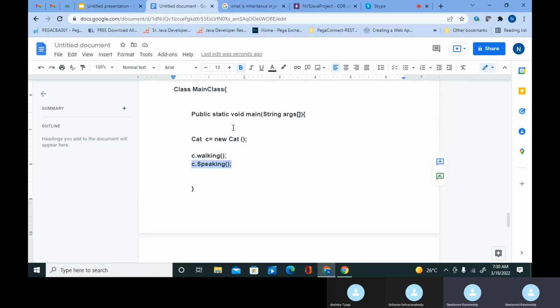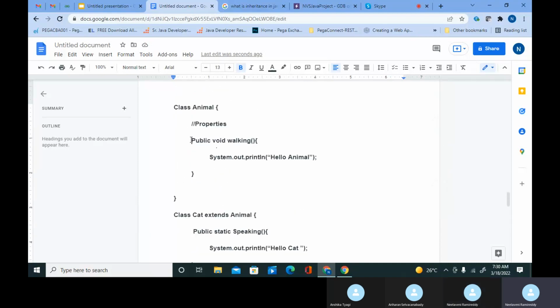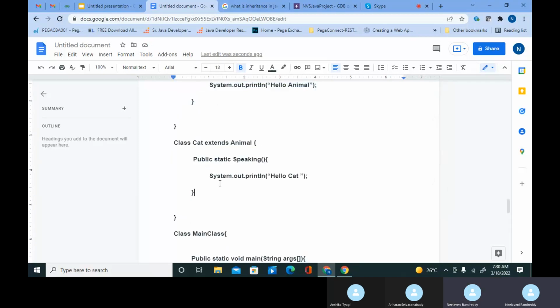If you want to override the walking method in your child class, simply we are going to add it from our parent class.